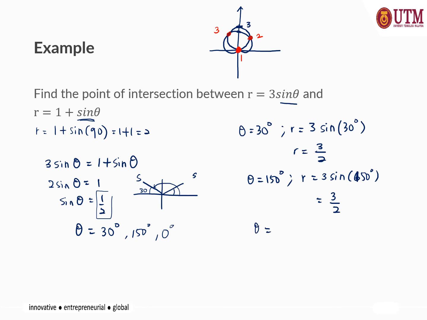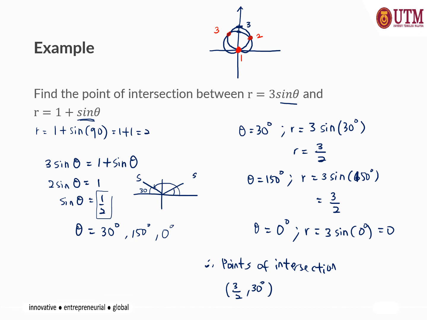And when theta is 0, your r would be 3 sine 0, which is 0. So the points of intersection would be (3/2, 30 degrees), (3/2, 150 degrees), and the last one is (0, 0 degrees).